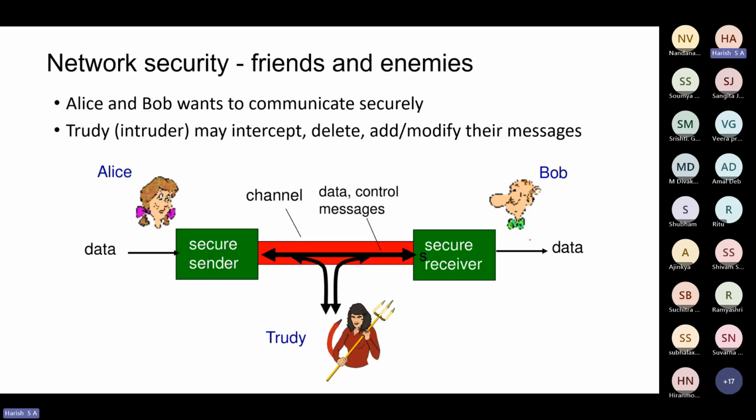Again, this is Alice, Bob, and Trudy. Right. Alice and Bob want to communicate securely. Trudy may intercept, delete, add, or modify their messages. Essentially, Trudy can either passively listen, or it can also be active. What is active and passive?